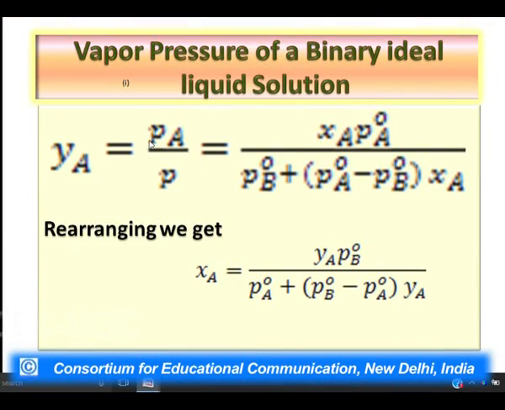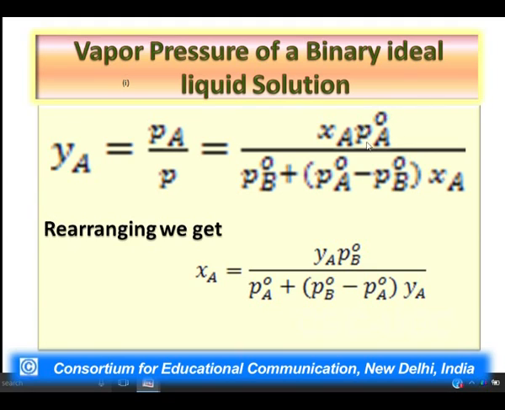So according to Dalton's law of partial pressure, we have YA, which is equal to PA, that is partial vapor pressure of component A, divided by P, that is total pressure of the solution. Now this would be equal to, as we have already discussed according to Raoult's law, partial vapor pressure of any component equal to XA PA naught.